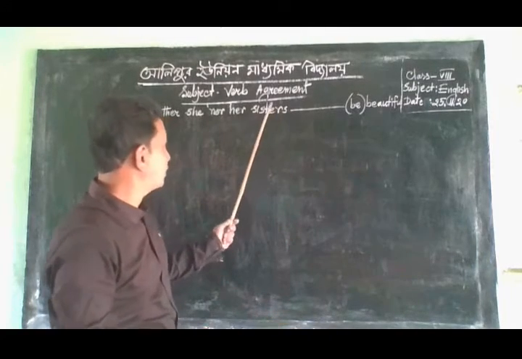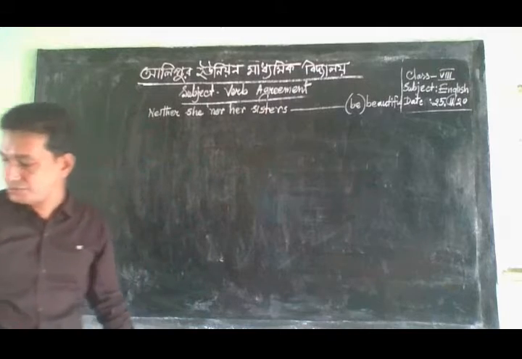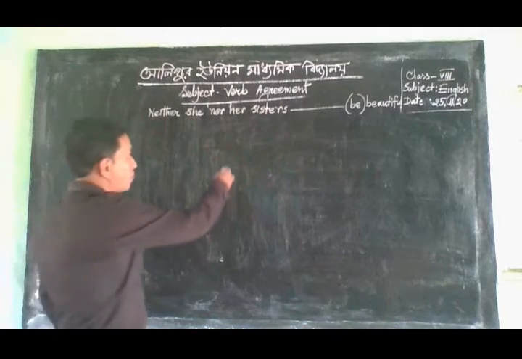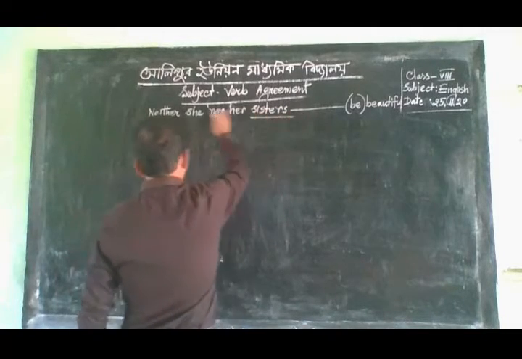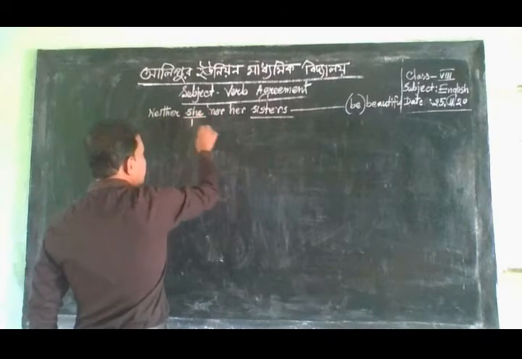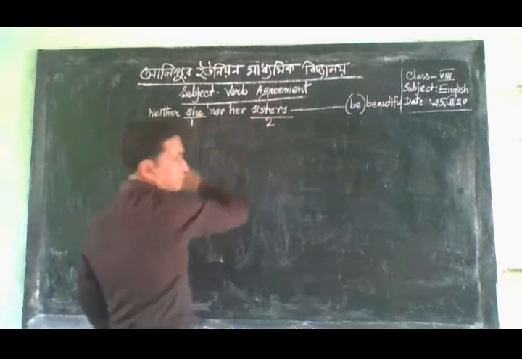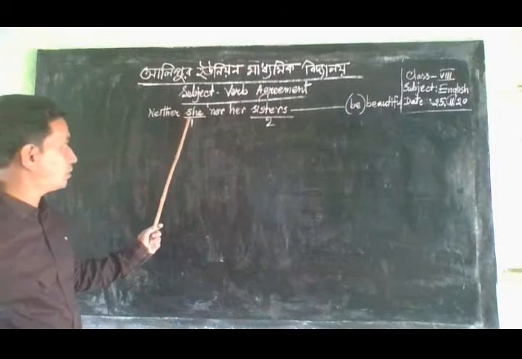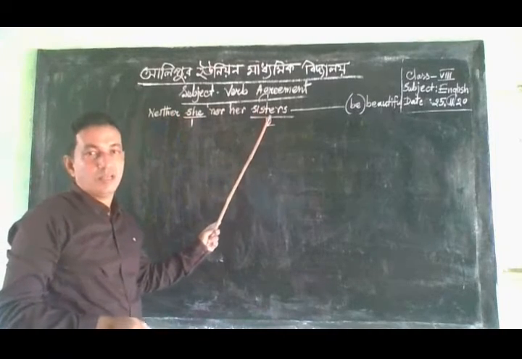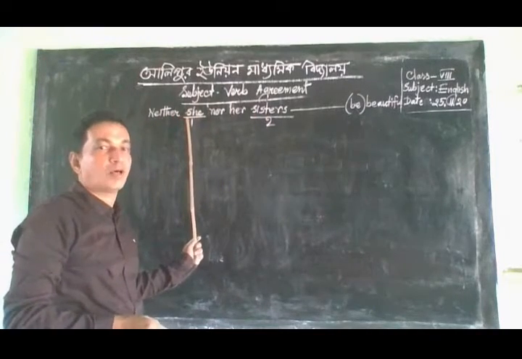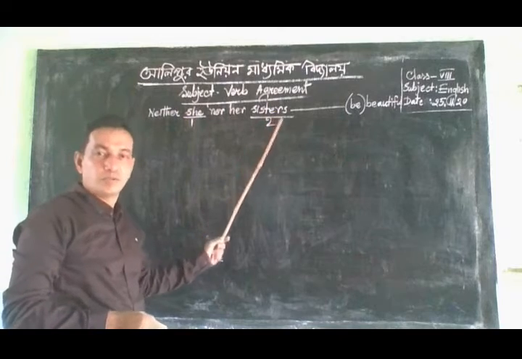In this sentence, the last subject is sisters, and the first subject is she. She is singular, but sisters is plural.